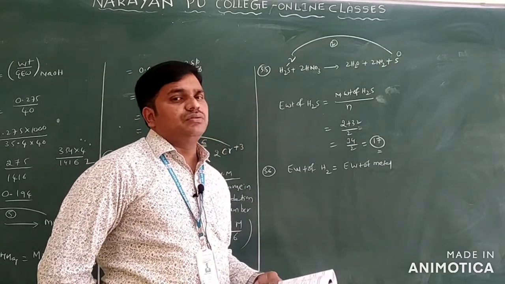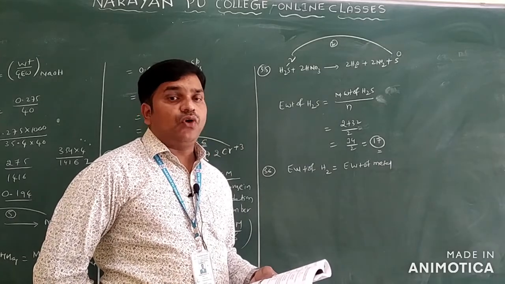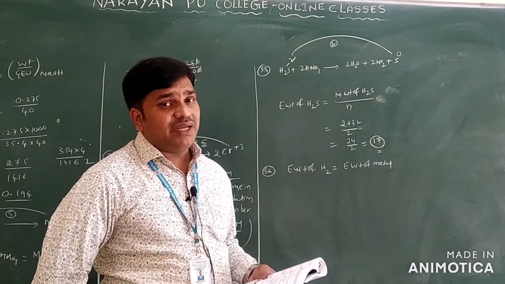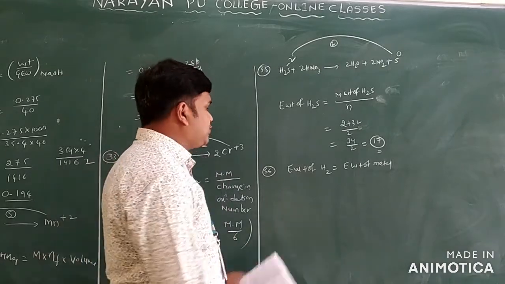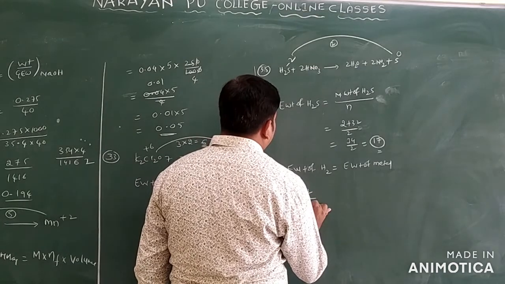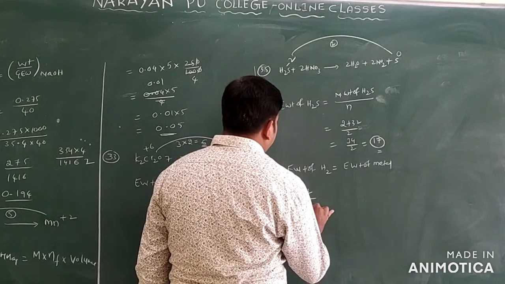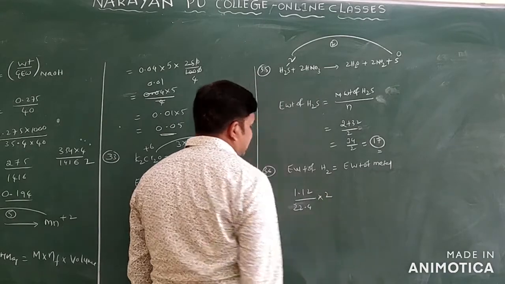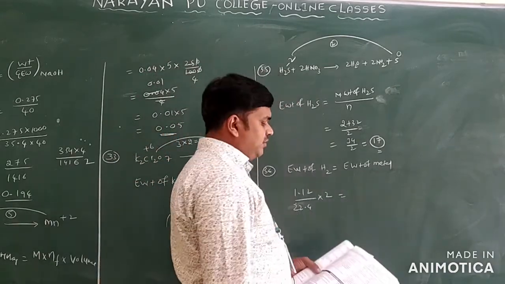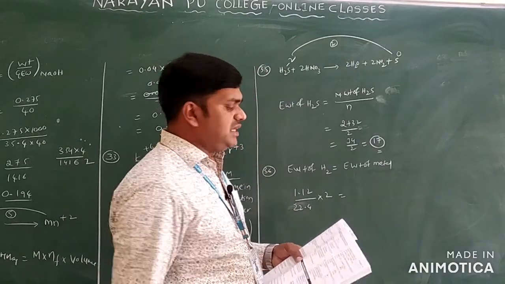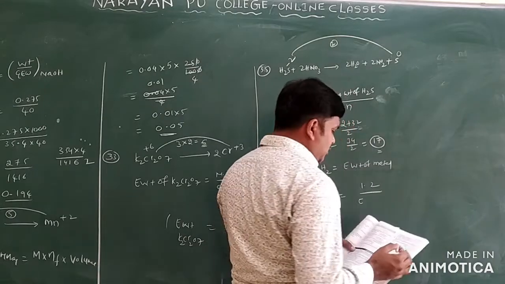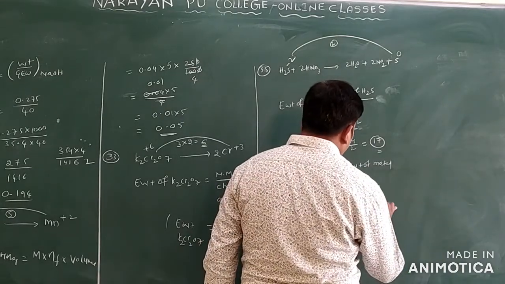If the volume is given, how can you find the number of moles? n is equal to volume of the gas by volume of the gas at STP. The volume of H2 given is 1.12 by volume of the gas at STP, 22.4, into its n factor, which is 2 only. Clear? That is equal to weight of the metal, which is given as 1.2, by equivalent weight of the metal.